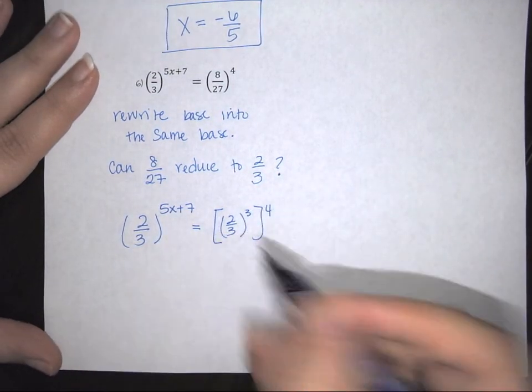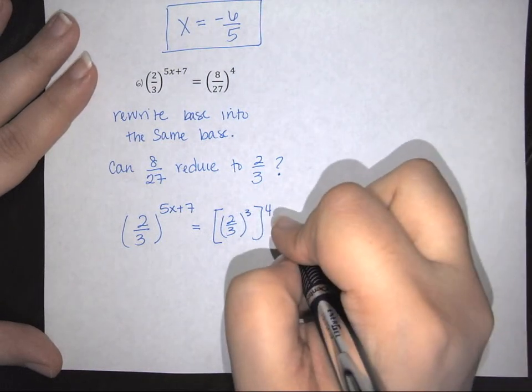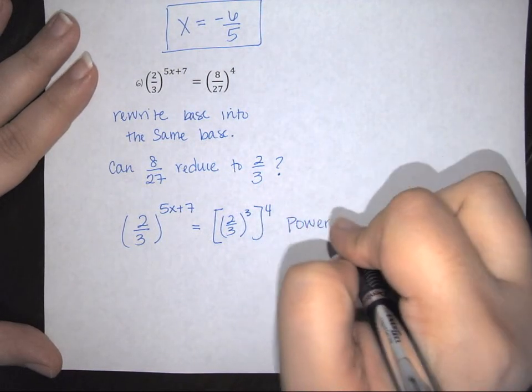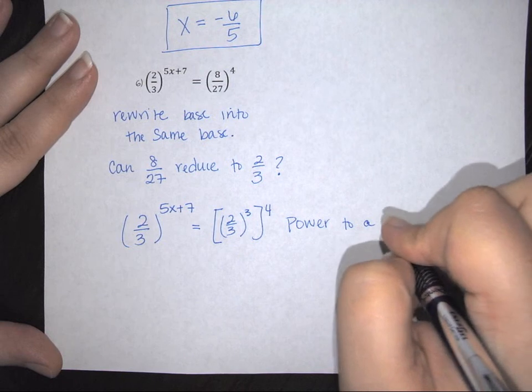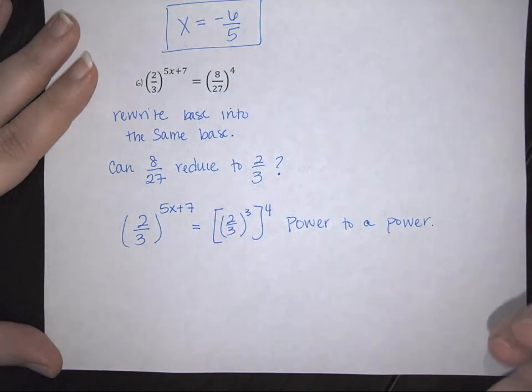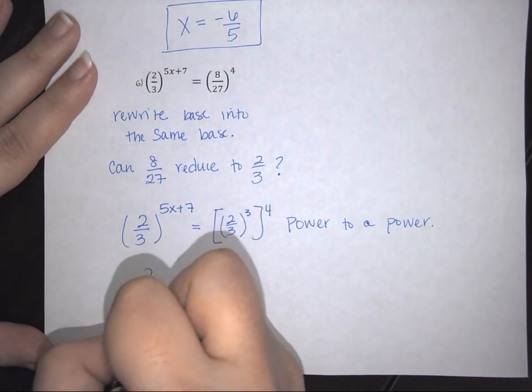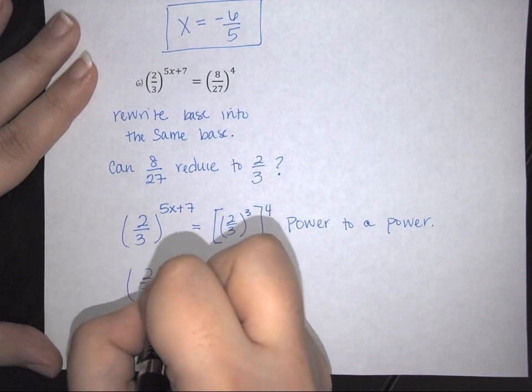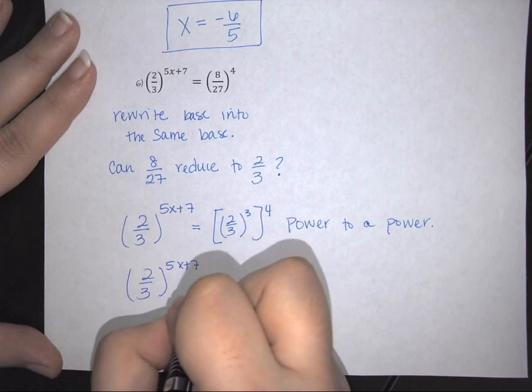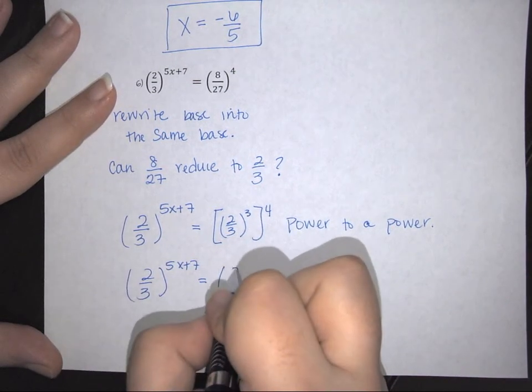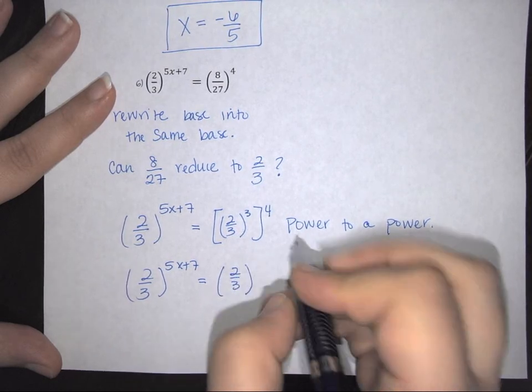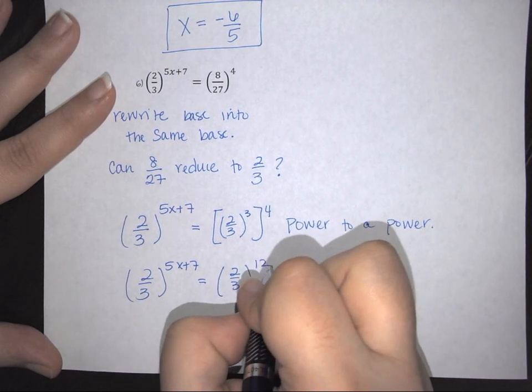And so here I now have to use power to a power. So I've got 2/3 to the 5x plus 7 is equal to my 2/3 to the 12.